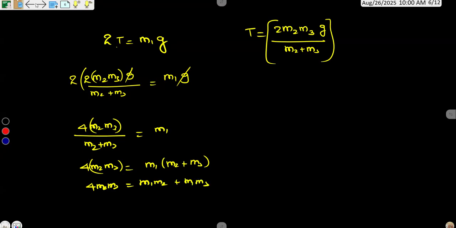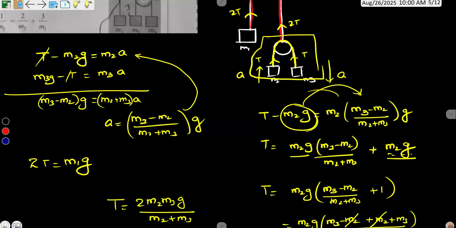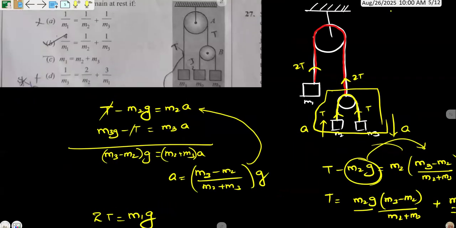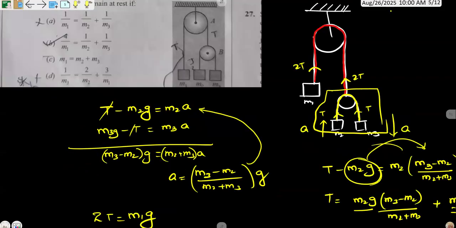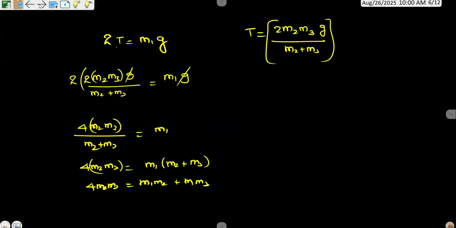So now what is he asking? He's asking in terms of M1, M2, and M3. What we do is let us divide this entire equation by M1. Here M1, here also M1.